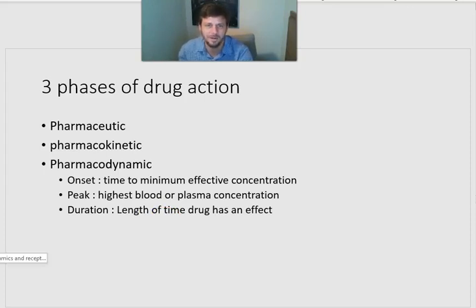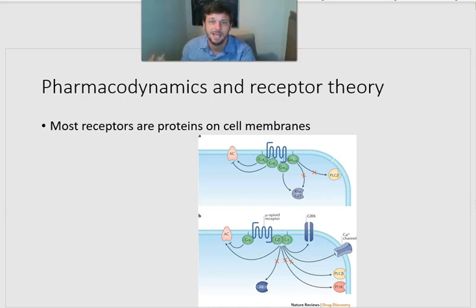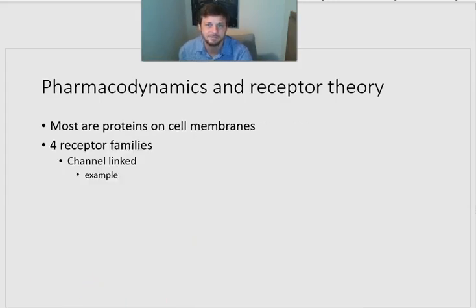Something else to think about when you're thinking of pharmacodynamics is how does it get into the cell? How does it activate the cell? For a lot of your cells, you're going to find the receptors on the cell membrane. So here you can see an opioid receptor, calcium channels, GPCR receptors. And so you have these different types of receptors.